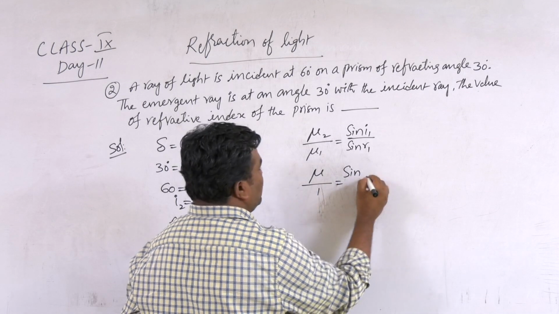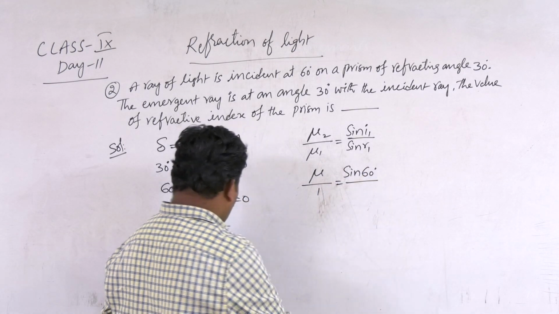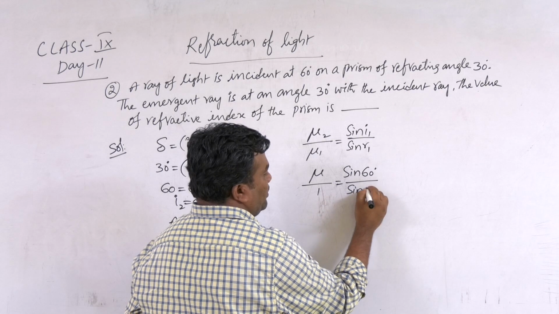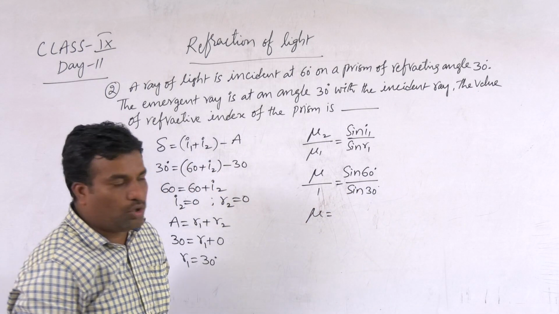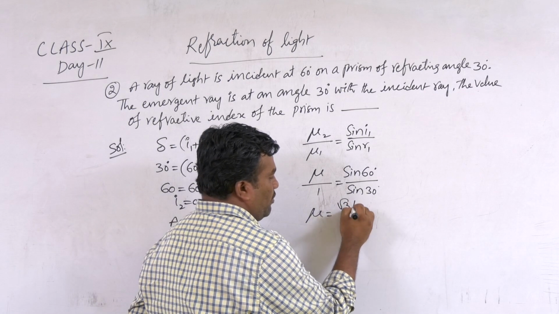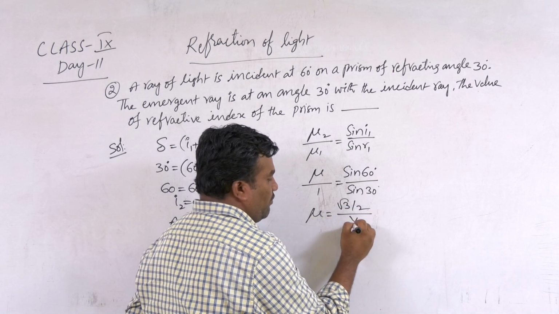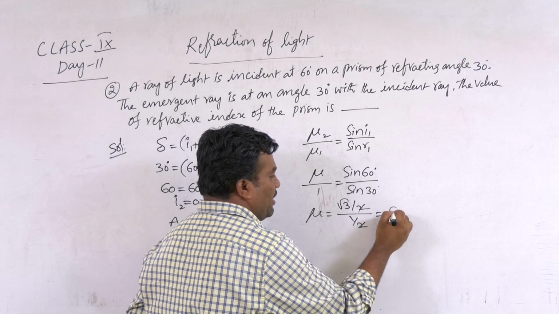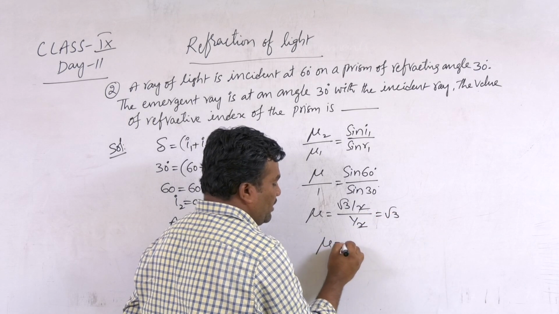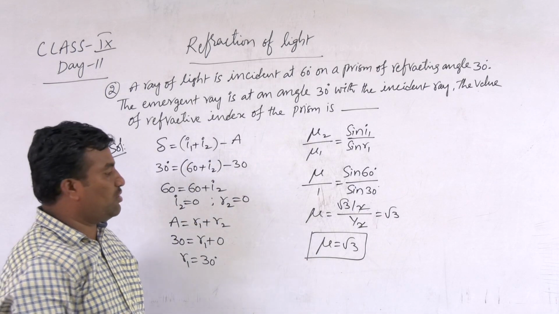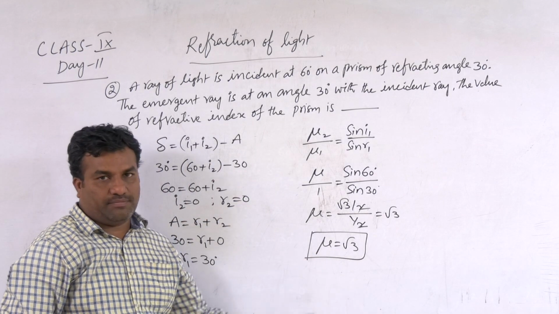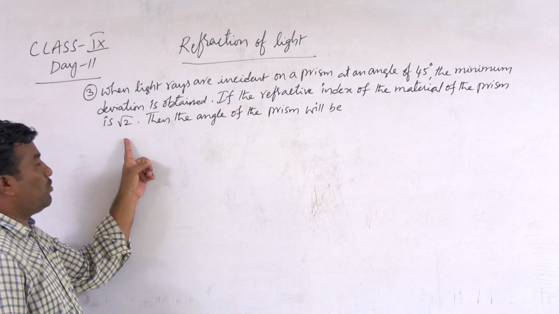I1 is how much only? 60 degrees. R1 is already there, that is sin 30. Okay, mu is equal to sin 60, root 3 by 2, by sin 30, 1 by 2. 2 cancel, we are getting here root 3. So the refractive index of prism is root 3. Let us go with the third question.